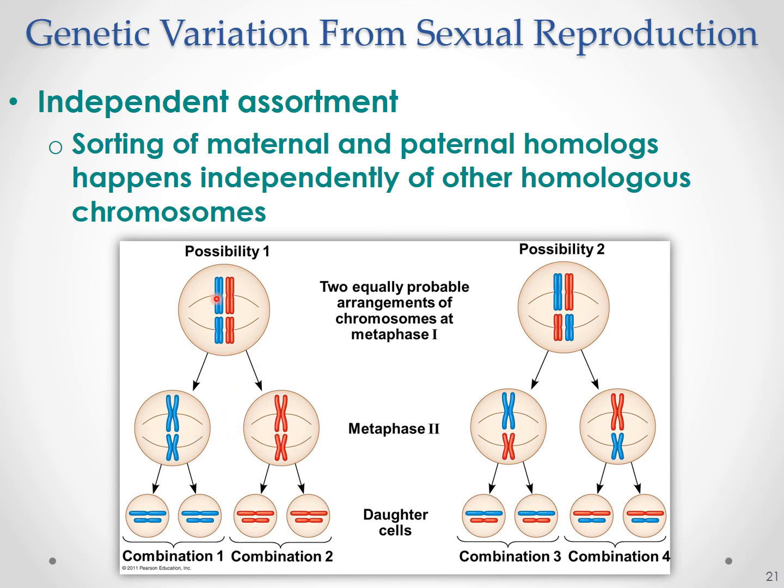And remember, they've already crossed over, and I haven't talked about crossing over yet. However, that is another source of variation. So this is independent assortment. Basically, the homologs are going to assort differently when they line up at the equator.